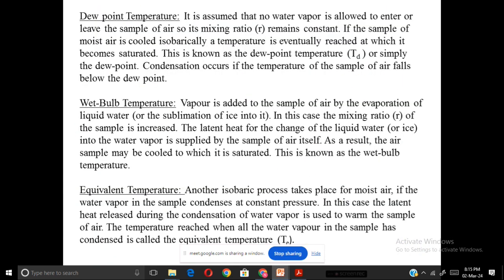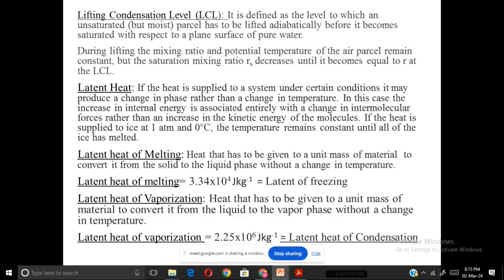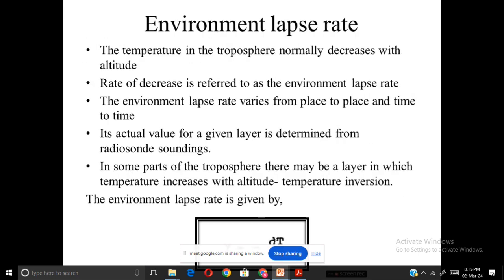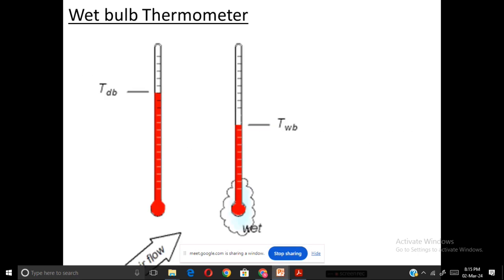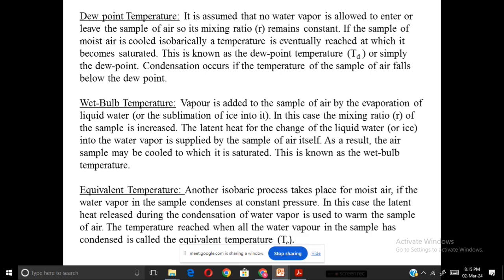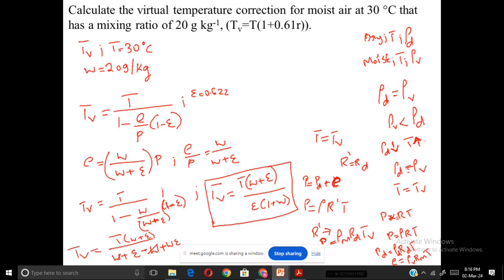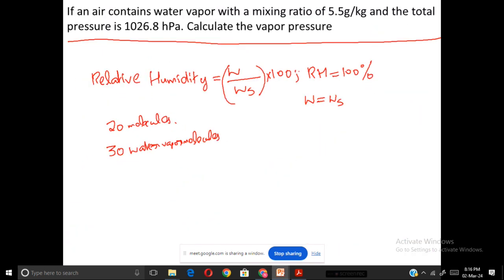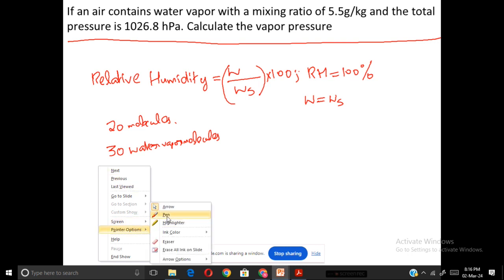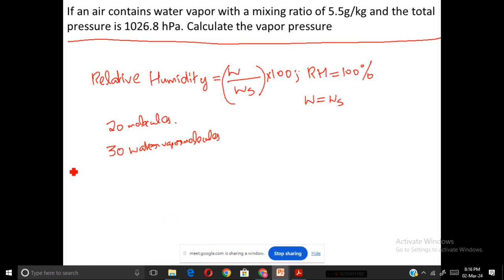So yeah, now let's learn some more temperatures. There are two ways for an air parcel to become saturated. We have an air parcel, and we have to make it saturated.